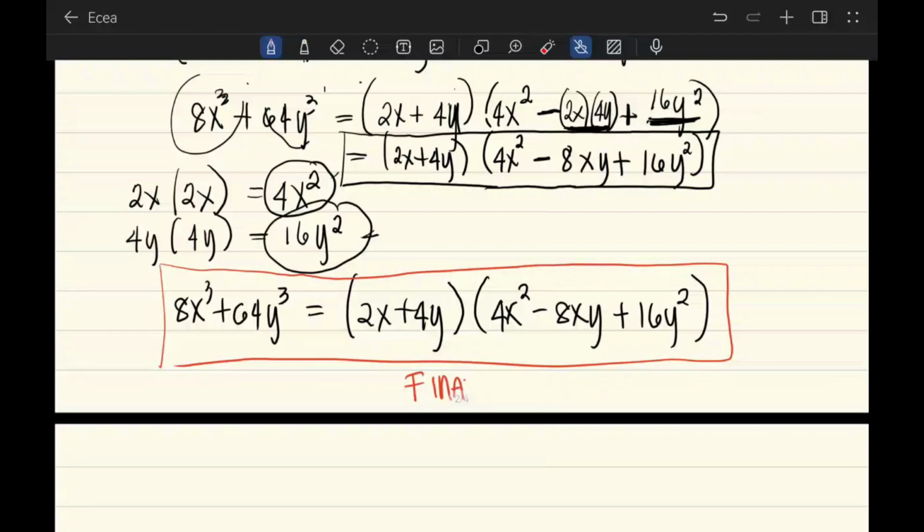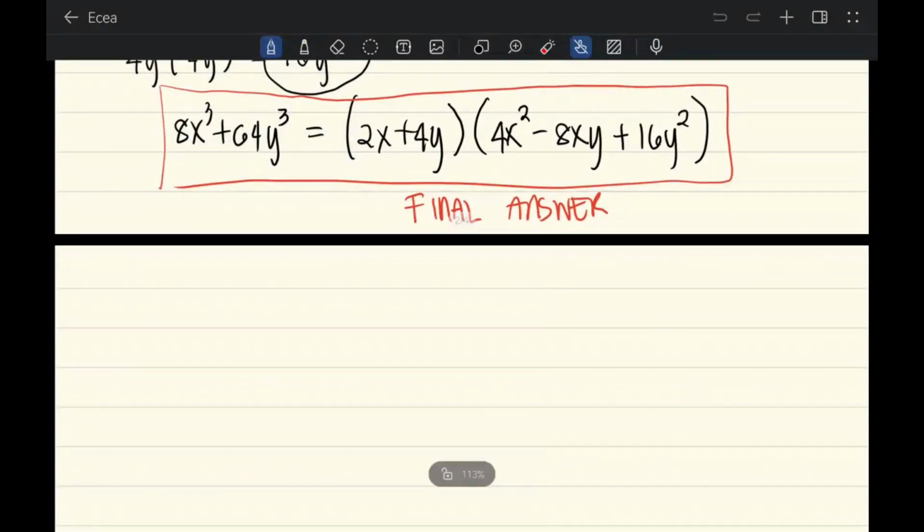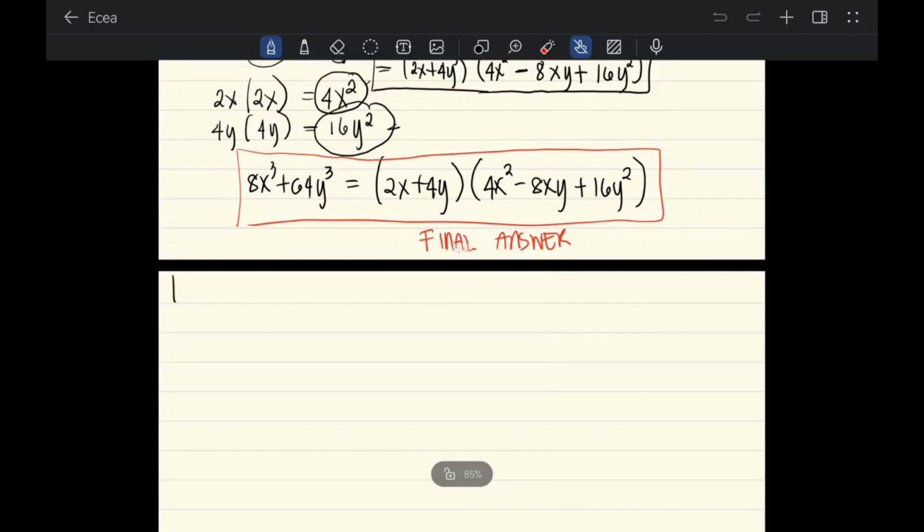Final answer. Now, let's have example number 2. Factor 2x cubed. No, this is not 2x cubed.